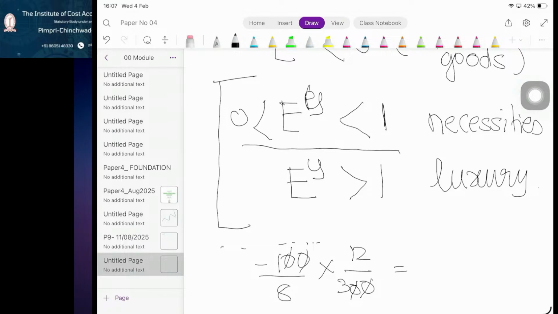Okay, so they are not using the midpoint formula. But in the final exam you cannot guarantee that. You have to check for both. This is the trick. The textbook gives one formula, use that. They are using the point elasticity formula. Use that, but you cannot be sure of that.